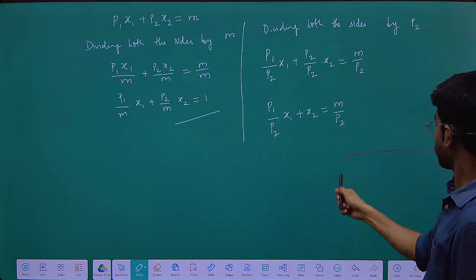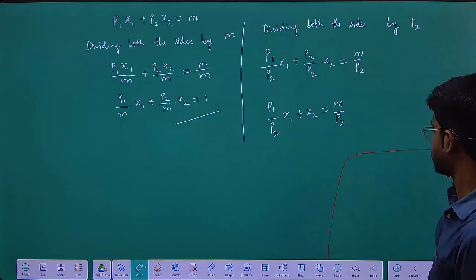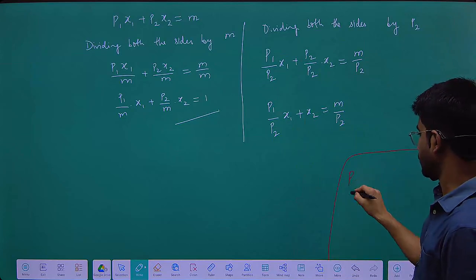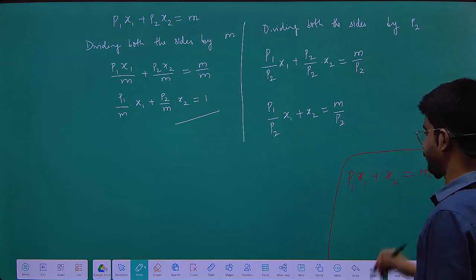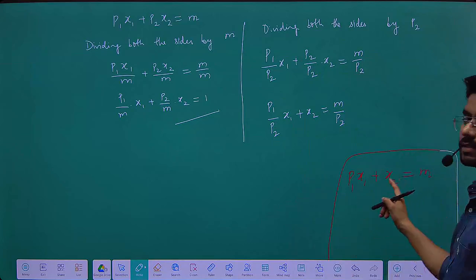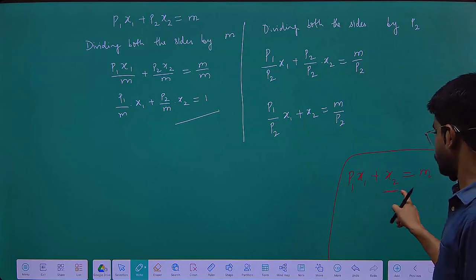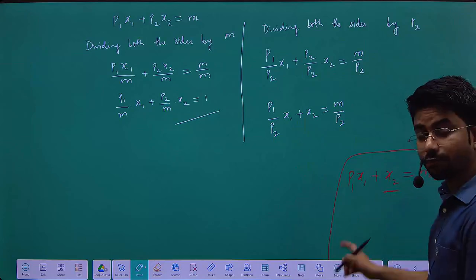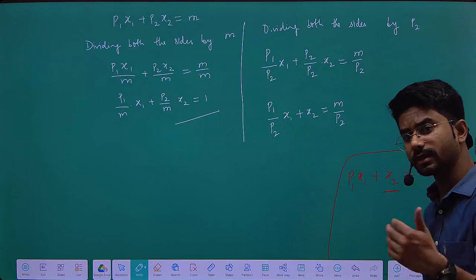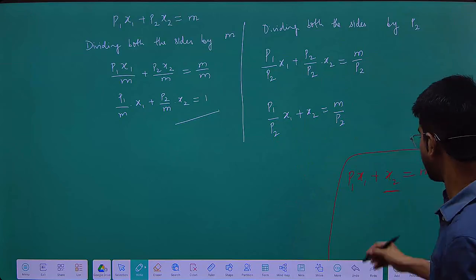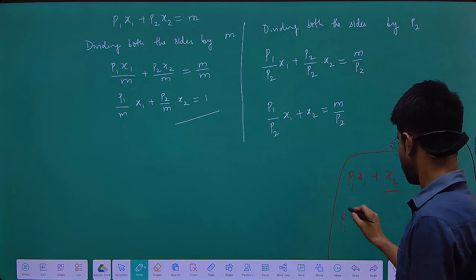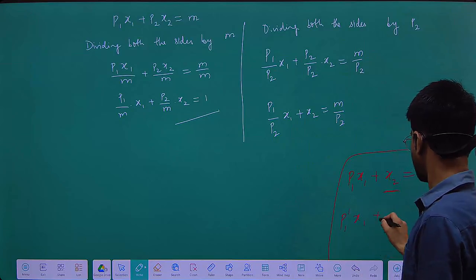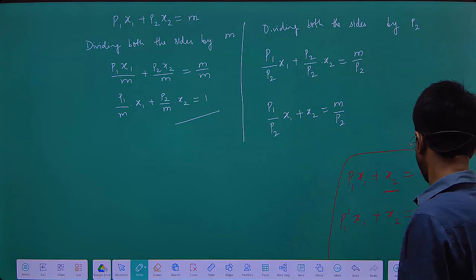Now, recall from our previous discussion, we had the case of p1 x1 plus x2 equal to m. I was saying that this x2 is the numerator good, with the numerator price, that means the price of this good, being equal to 1. Now suppose I write this as p1 dash x1 plus x2 equal to m dash.